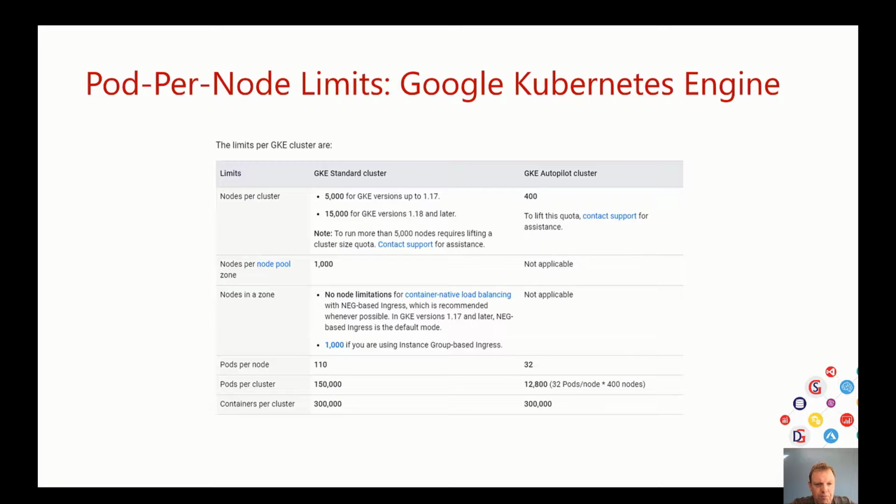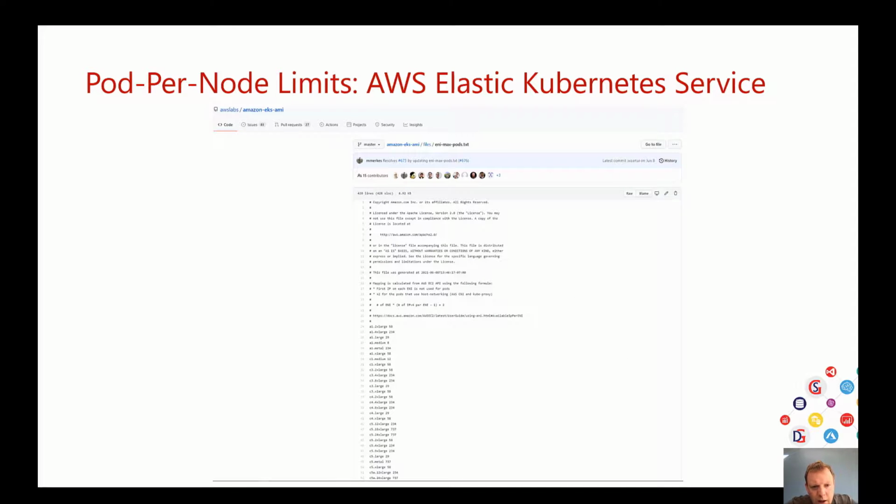Okay, so Google actually imposes some limits on the pods per node. With EKS on AWS, it's a bit more nuanced, so they've got the information in a repo.